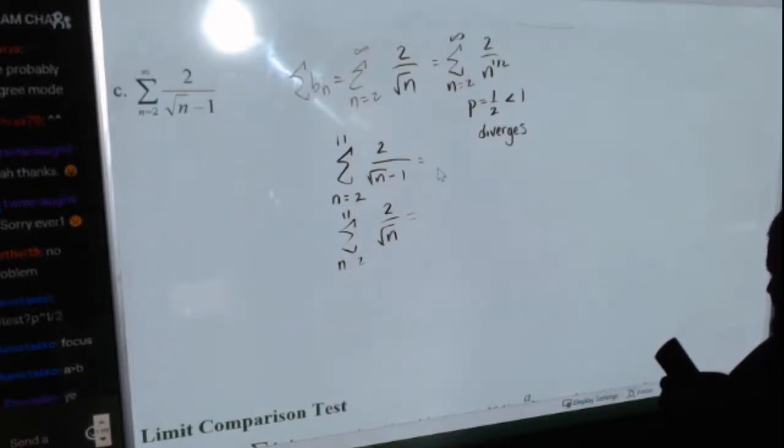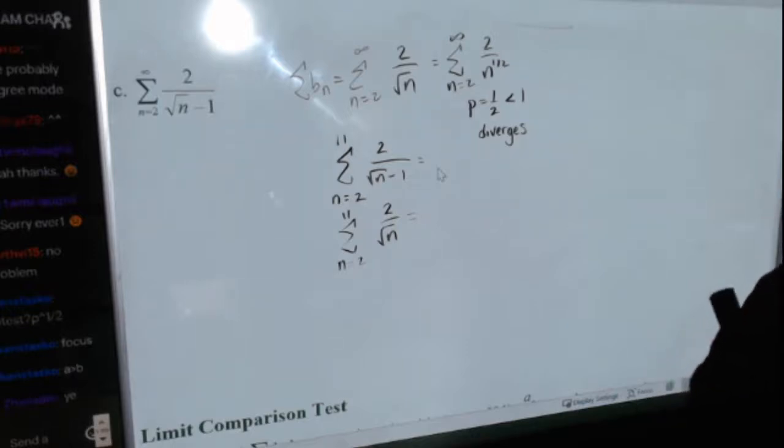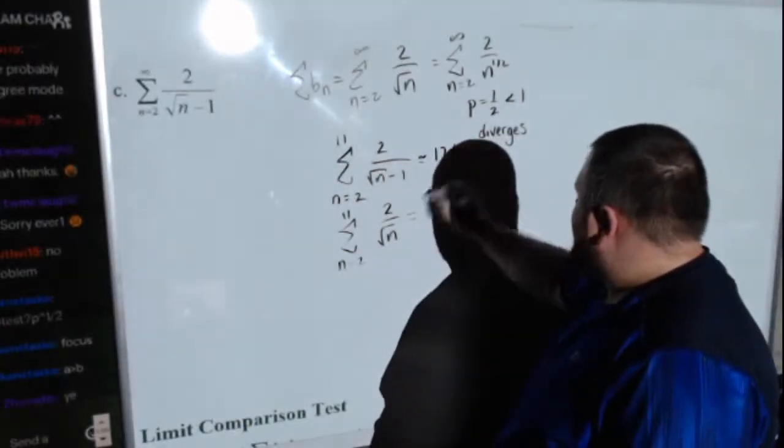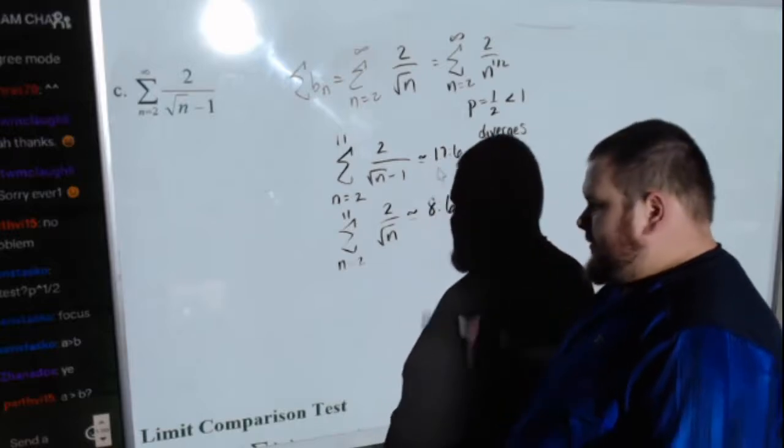Okay, there we go. And then do it again. Get rid of the -1. Okay. So I got 17.6 and 8.6. Something like that. All right, approximately 17.6 and 8.6.